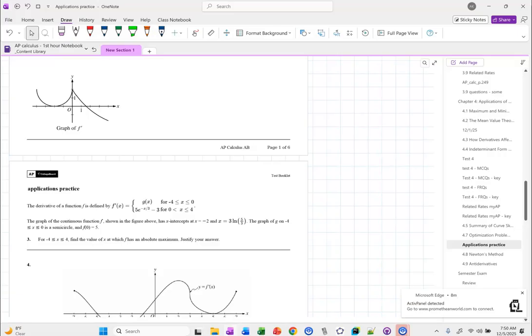Okay. I think maybe we'll look at number 3, and then maybe we'll grab one of the related rates ones. And we'll do 2 of those, and then call it good for me, and you guys can pick up where we left off and pick away at some of these other ones. Sound okay?